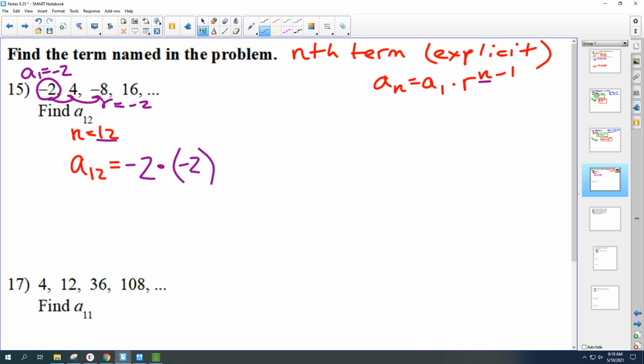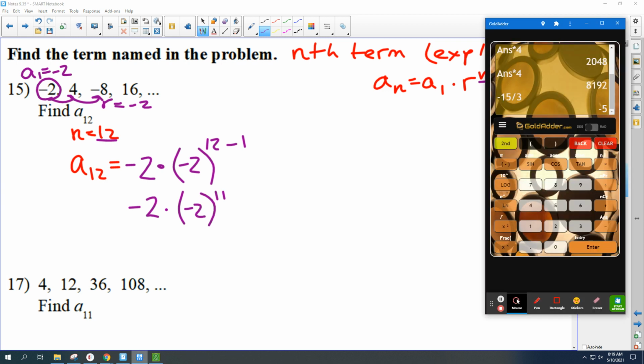So that exponent is going to be 12 minus 1, but if you know what you're doing, you're just going to call that 11. The one right before it. All right. So our exponent is going to actually be 11. We will have negative 2 times negative 2 in parentheses to the 11th power. You definitely want a calculator for this, but you also definitely want to know how to use your calculator for this.